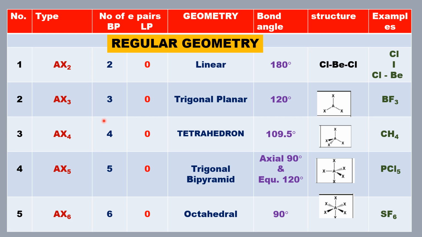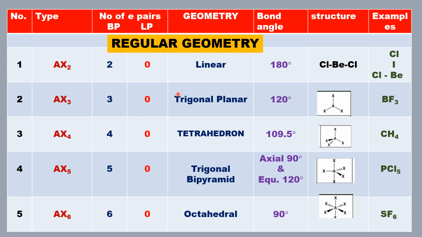Let us apply VSEPR theory to predict the shape and geometry of these molecules. These molecules have regular geometry because they have only bond pairs, as you see in the third column: only bond pairs, no lone pairs.